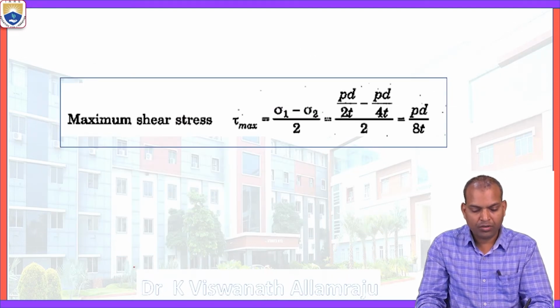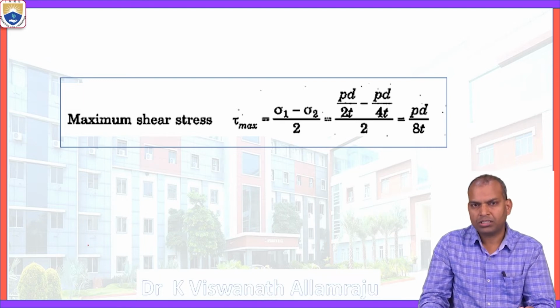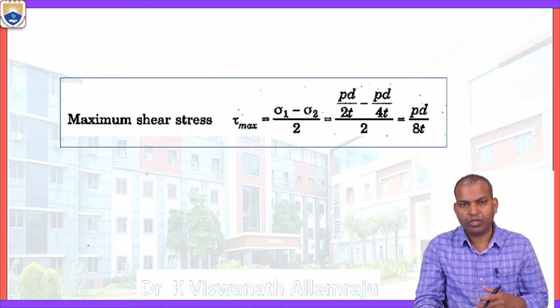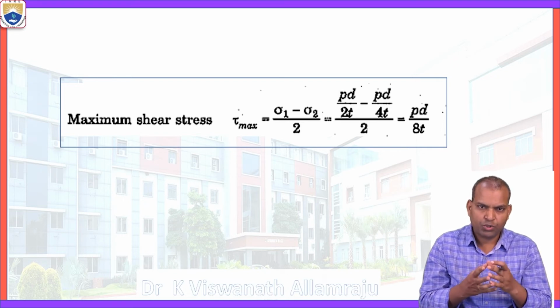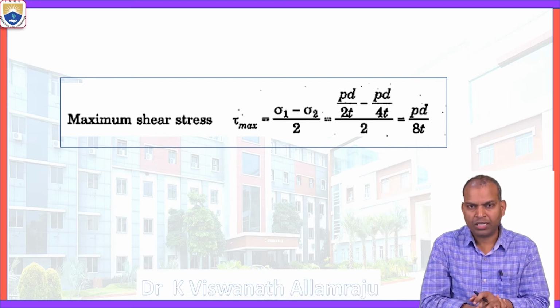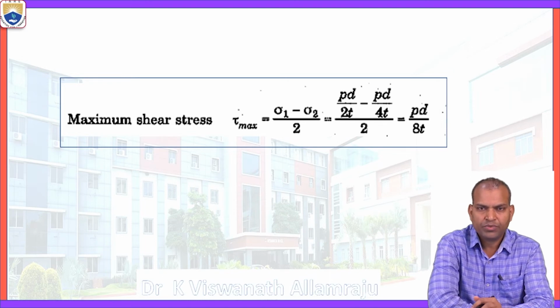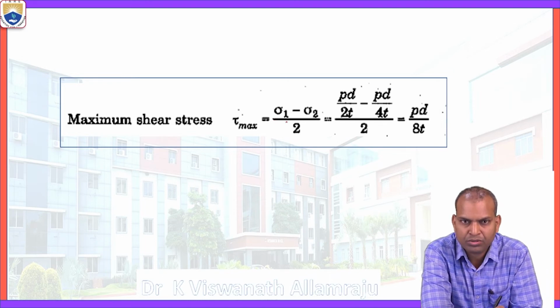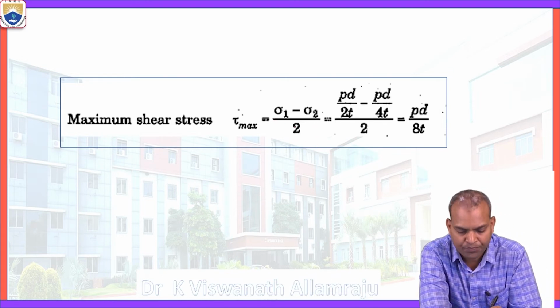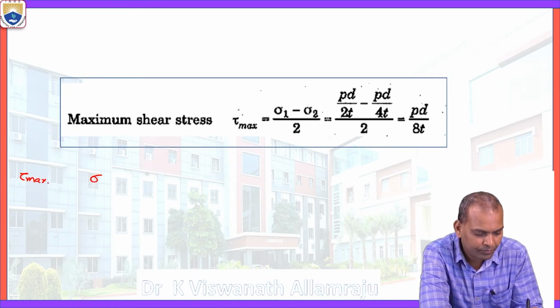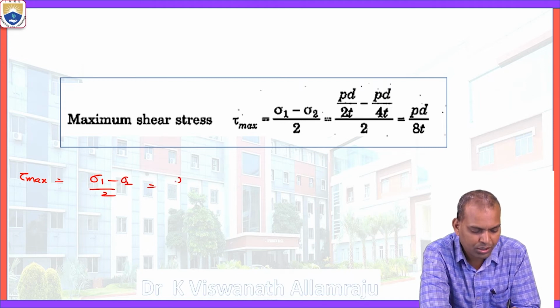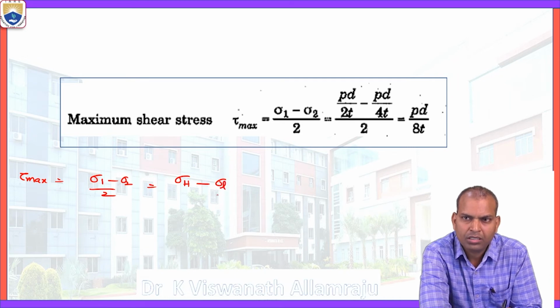Now, not only will the circumferential stresses be developed, what about shear stress? Splitting takes place because of shear stress, due to the normal stresses. So the maximum shear stress, tau maximum, equals (sigma 1 minus sigma 2) by 2. Sigma 1 is nothing but the hoop stress, and sigma 2 is the longitudinal stress.